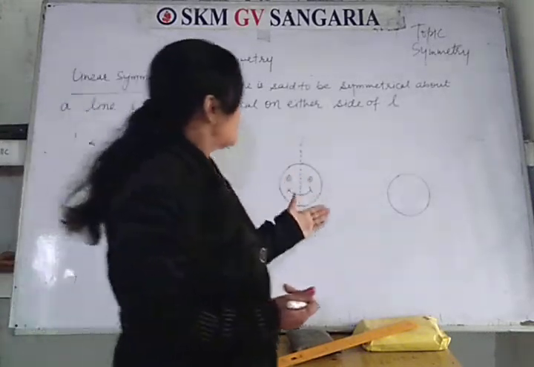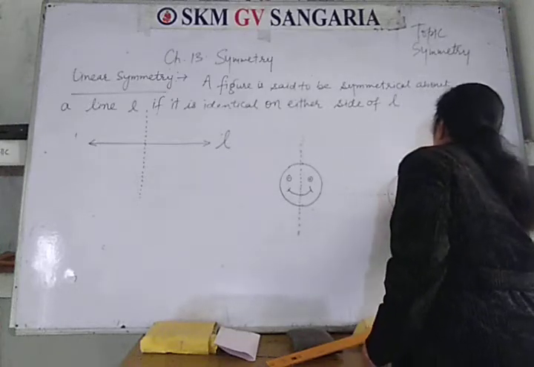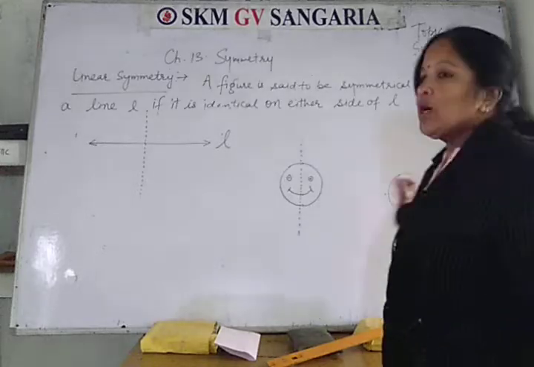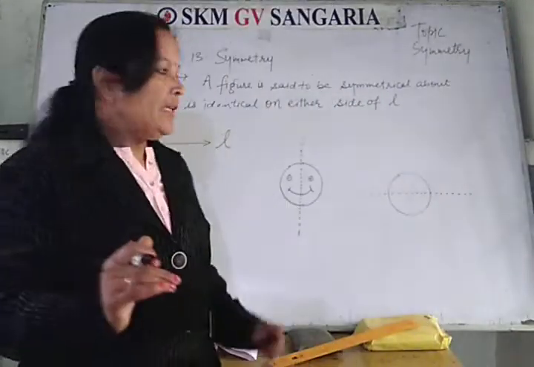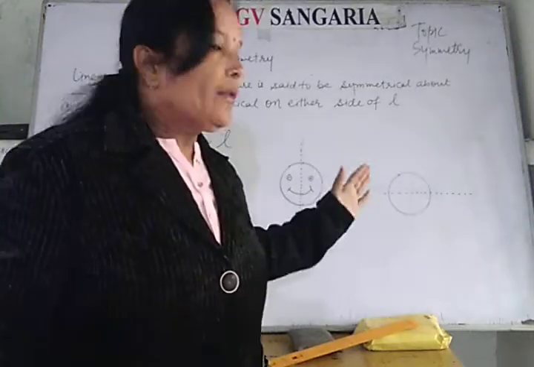Okay. Suppose I take this circle, and then I draw this type of line. This dotted line is horizontal, it is a horizontal line of symmetry.